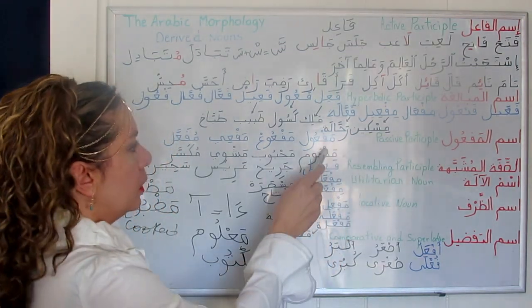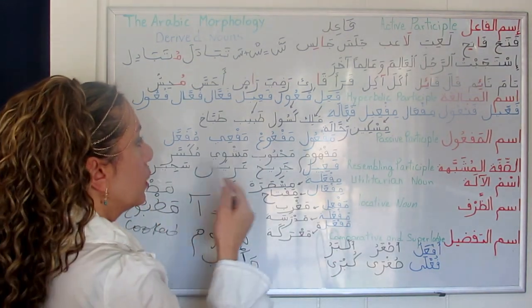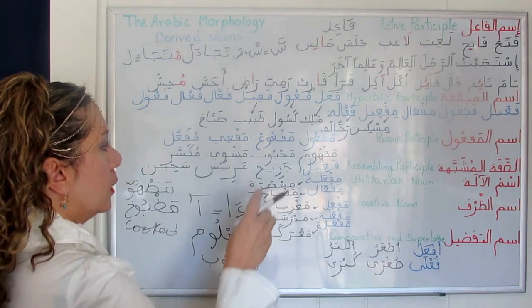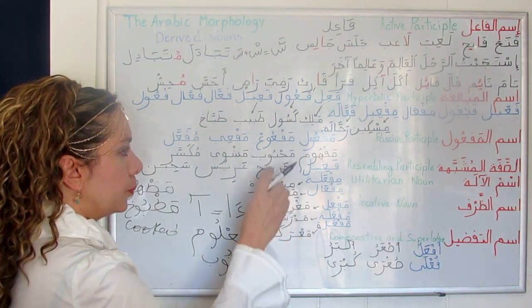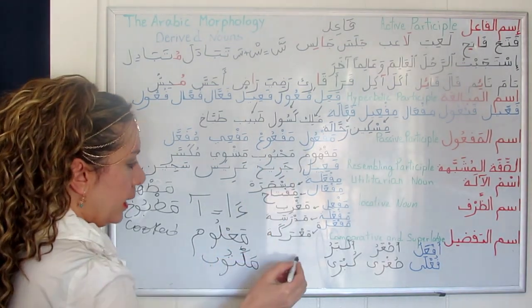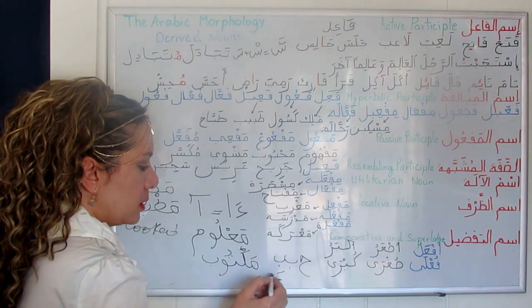So we have مفعول, like we said مطبوخ. Here for example, محبوب, مفعول. The root of this word is ha, ba, ba. Habba means to love.